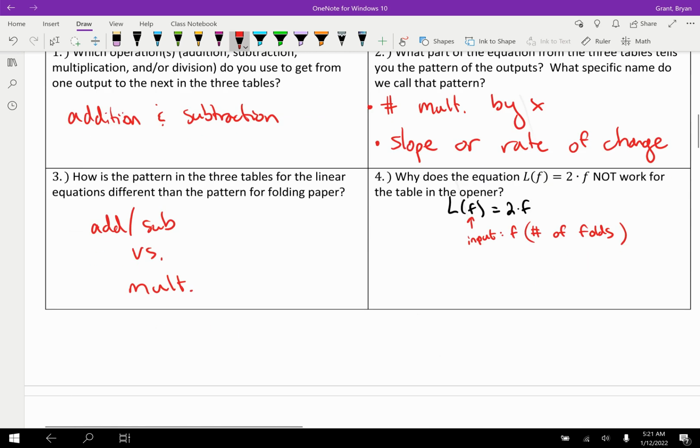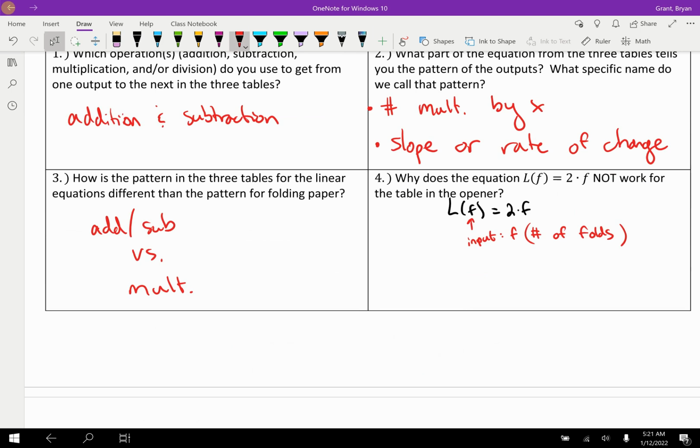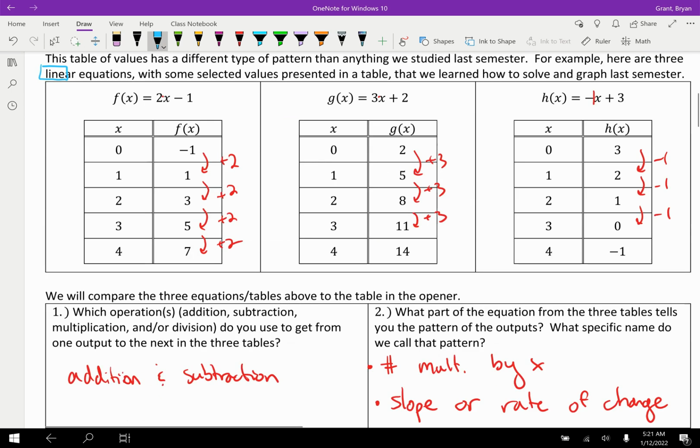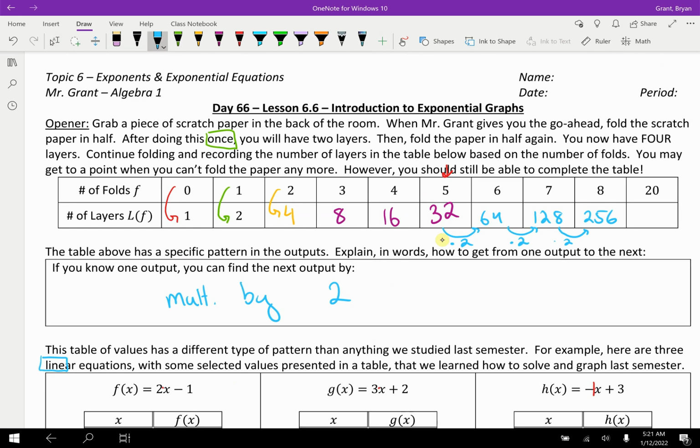And then it gives us an output, where the output is going to be the number of layers, which is why I use the letter L. And so, if you input a number 5, you should get an output of 32.